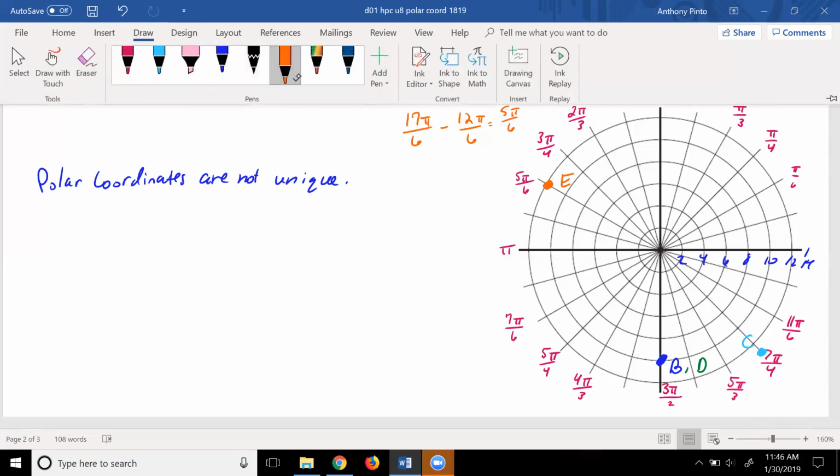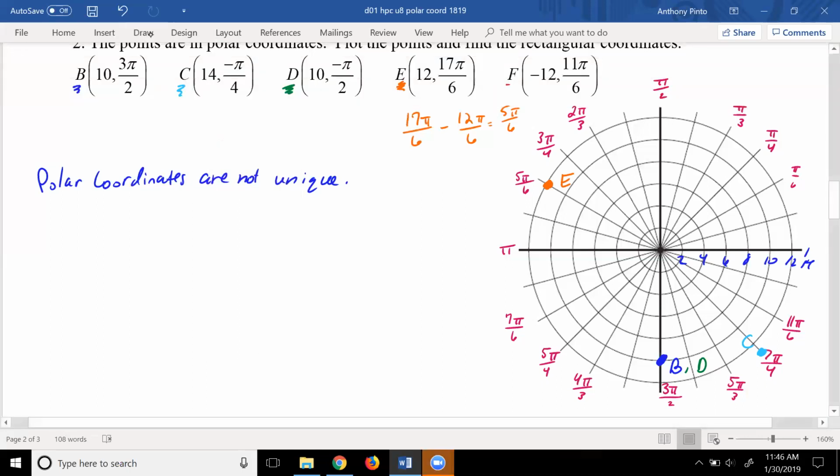So let me get the right color here. We're going to go with red. F is actually the exact same point as E, because we extend from 11 pi over 6 back into this quadrant because it's negative 12, not positive 12.